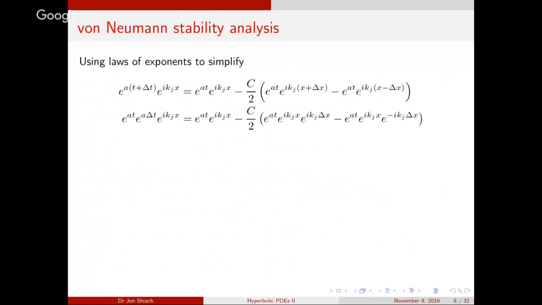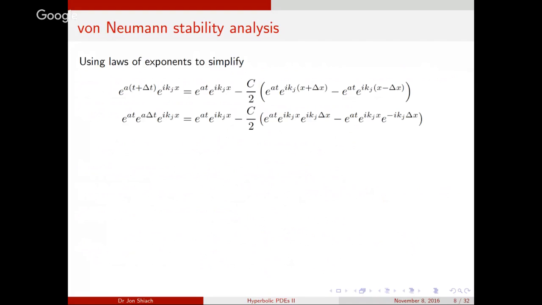So using the laws of exponents, we can do that. This one's exactly the same, I haven't changed it, and I've done similar here. So this would be e to the i k x plus i k delta x. That's a step I don't normally do, but I'm just showing it for an example.